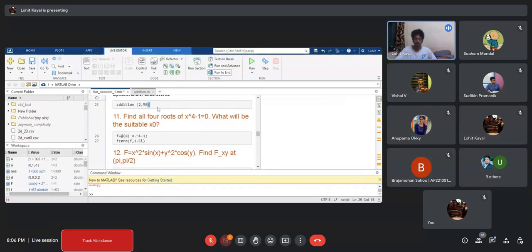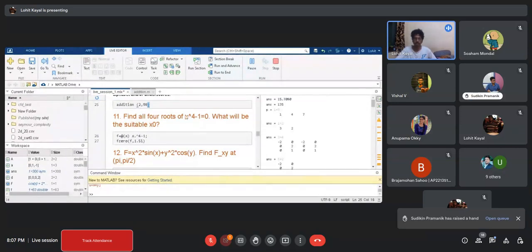So let me go back to the questions once again. Is it done? When it is done, I will show you that this u is not appearing. This u appears because I didn't put a semicolon in my function. If you write it like this, it will just show answer equal to 100.